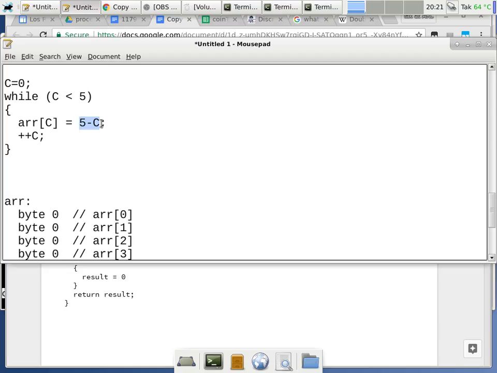Increment does not affect the flags. Then we have CMP, compare, which is particularly useful for conditional statements because we can check whether something is less than something else, or equal to something else, or not equal to something else. So you have to be familiar with all of those instructions, what each one does.